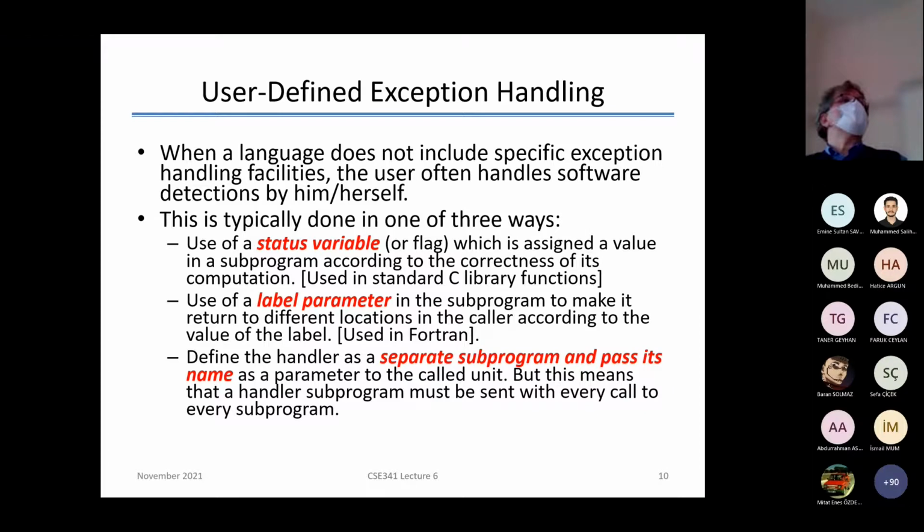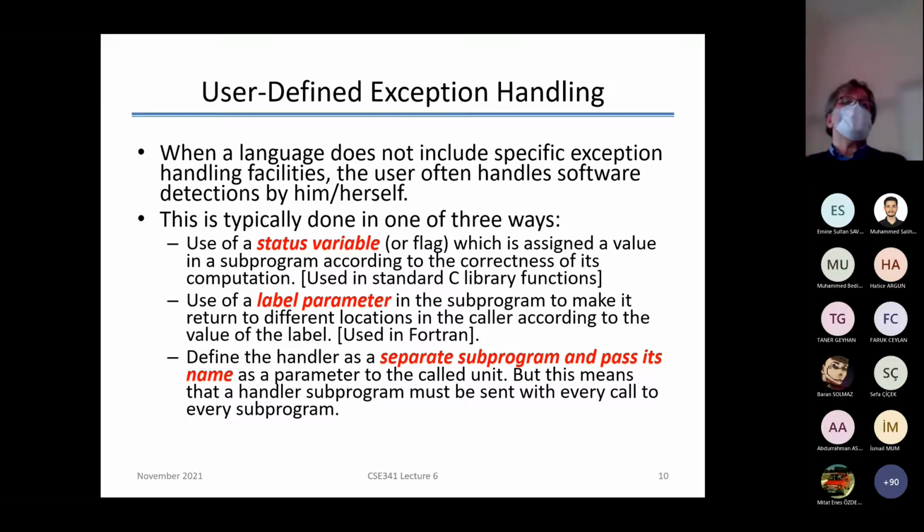Once we decide that we want to resume after the exception instead of terminating the program, there is a possibility to add both user-defined exception handling and perhaps also user-defined exception throw or exception raising capabilities.